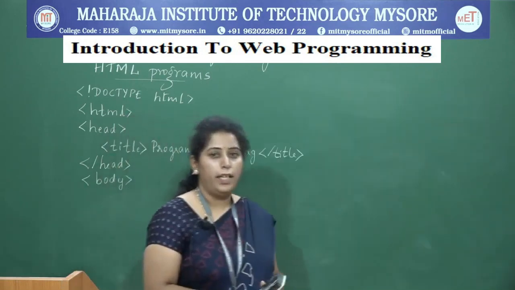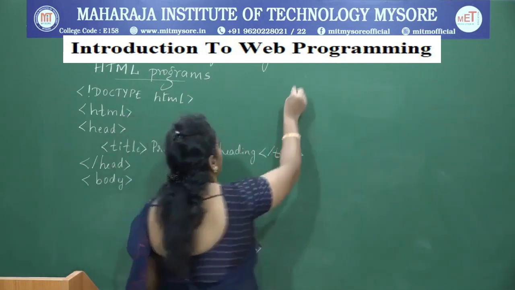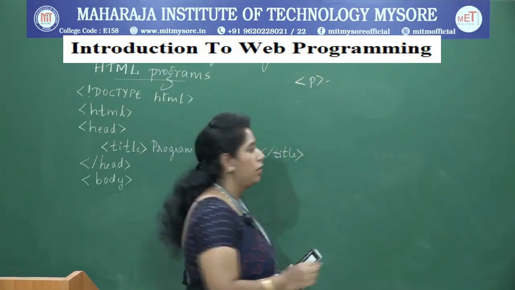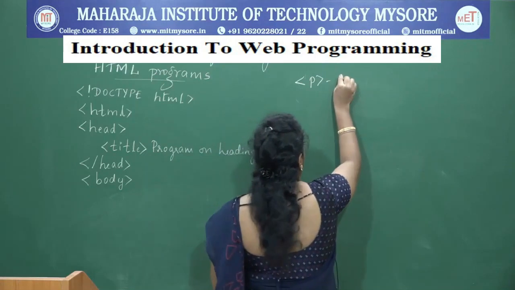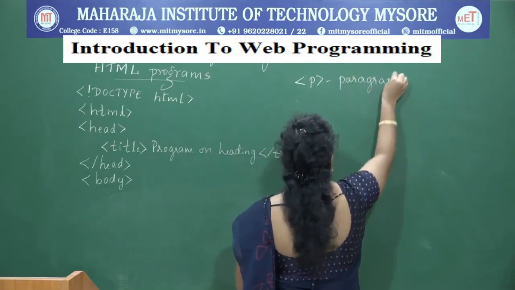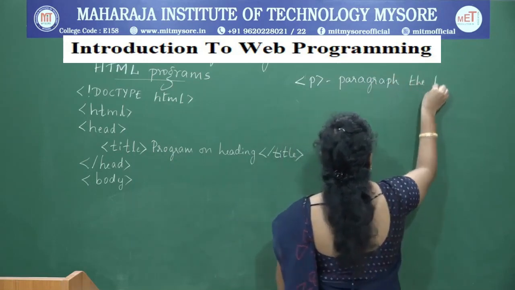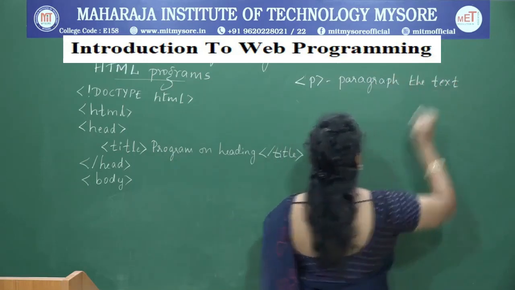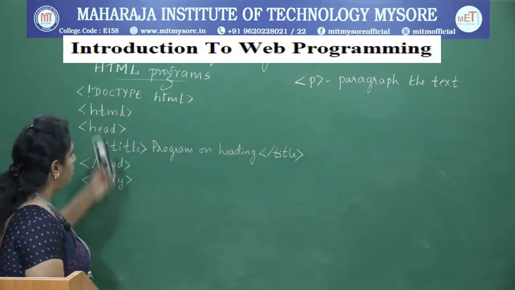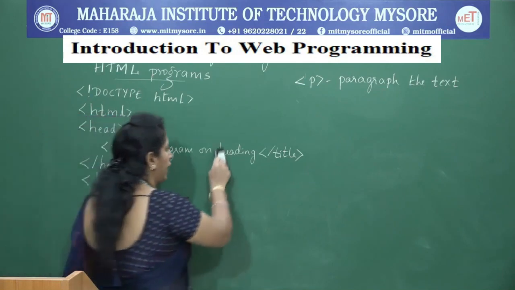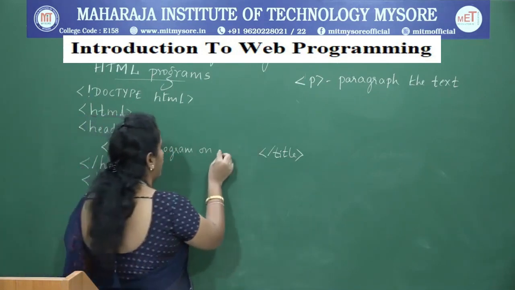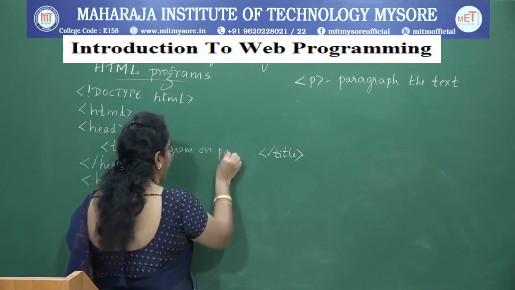Next tag is P, which is used for paragraphing the text. Now I am implementing a program on the P tag, so let me change the title to program on paragraph.